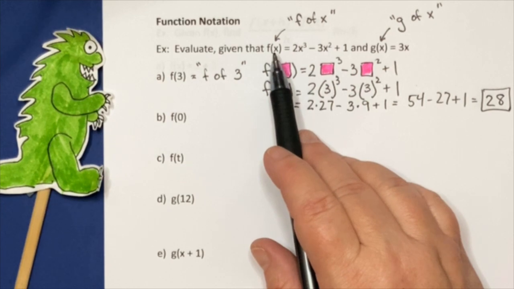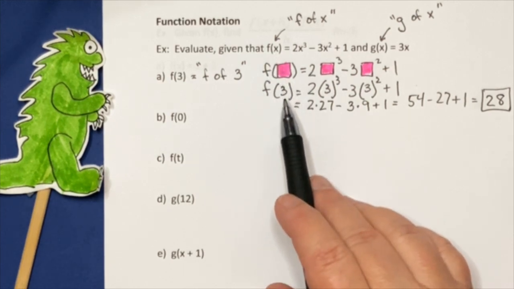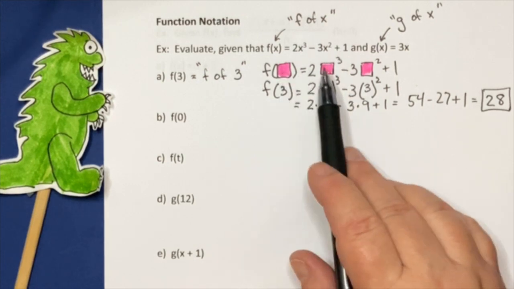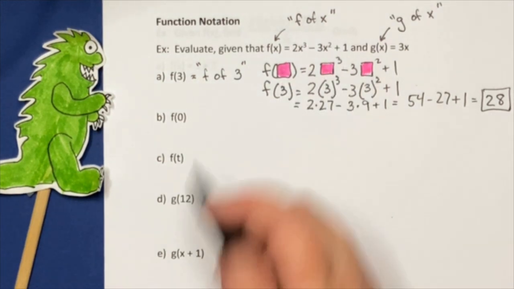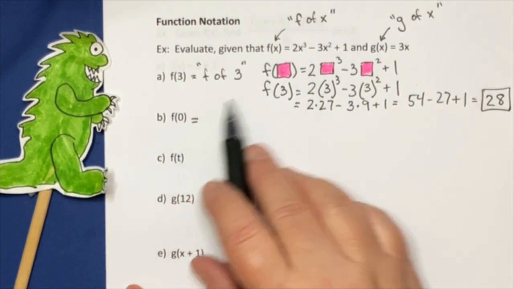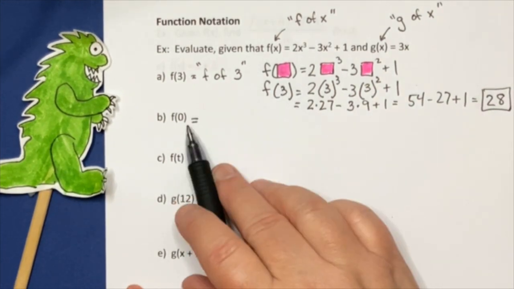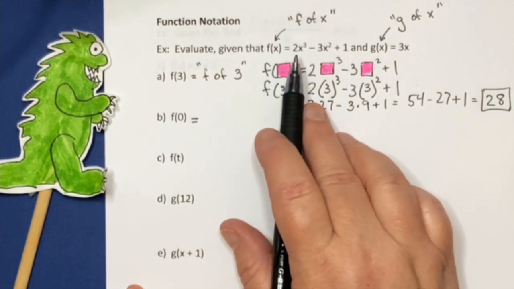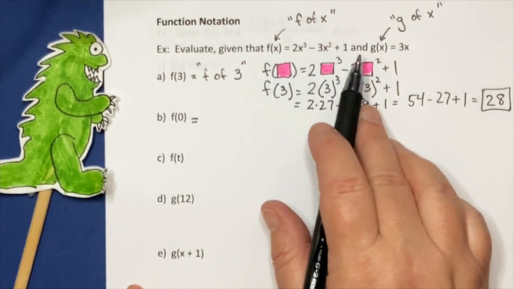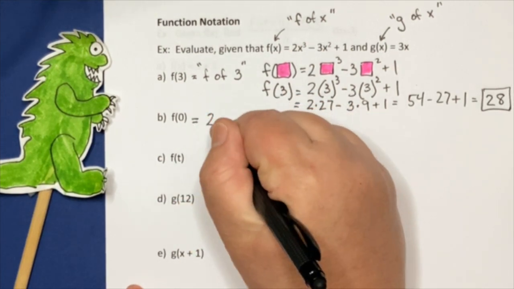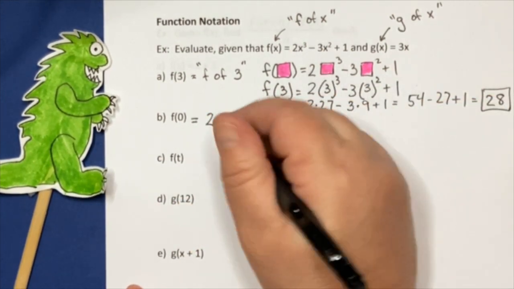So f of 0 is going to be 2 times 0 cubed minus 3 times 0 squared plus 1. That's going to be 2 times 0 minus 3 times 0 plus 1, which is just 0 minus 0 plus 1, so that's 1.